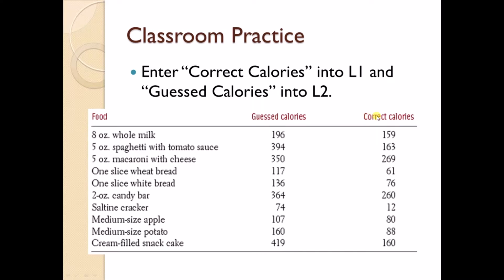Typically, the explanatory comes first, left to right, or in the top row, and the response variable here would come second or bottom of a horizontal table. But somehow or other, I guess they're just making you be flexible. So pause this, enter the numbers, put this in your first list, correct calories, and to the right of that, put your guessed.